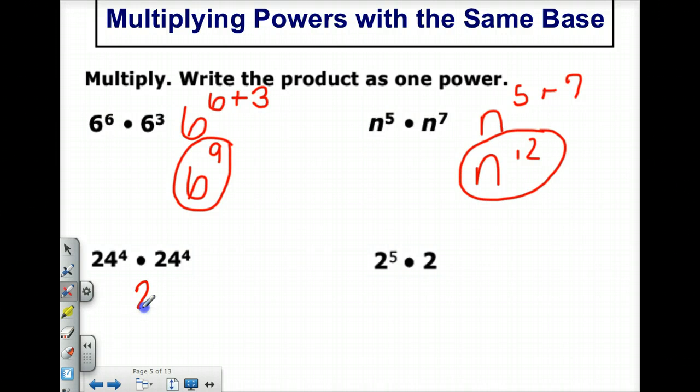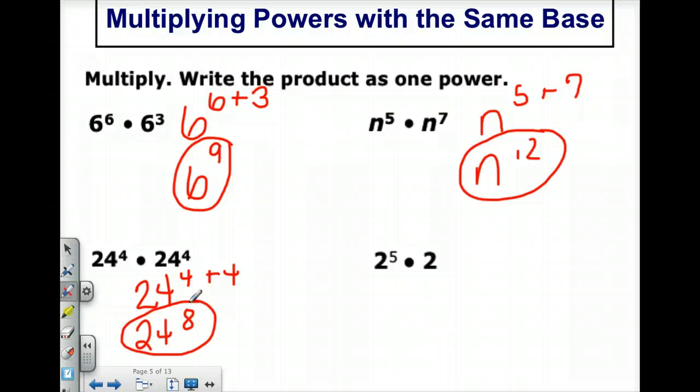24. And we have the exponent of 4 and the exponent of 4. So 24 to the 8th power. Now I'm hoping on this next one, before you started, the 2 that does not have an exponent, I hope you gave it an exponent, and the exponent you should have given it is a 1.